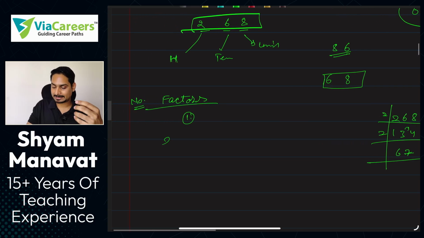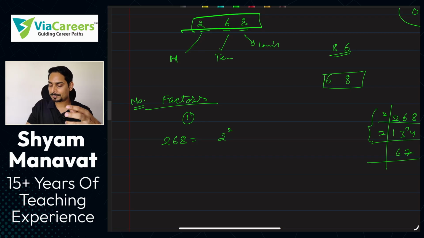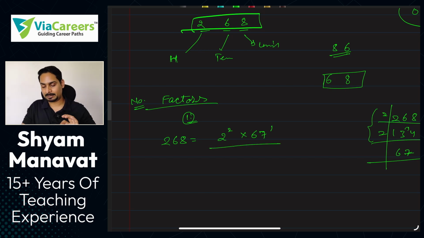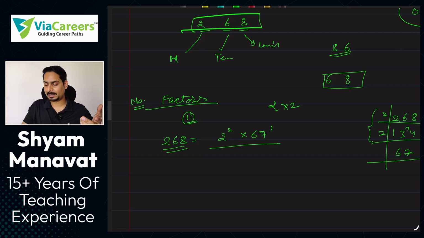So 268 can be written as 2 into 2 into 67, which is 2 squared times 67 raised to 1. So step number 1, transform the number into prime factors with powers. Rather than writing 2 into 2, I'll write 2 squared.